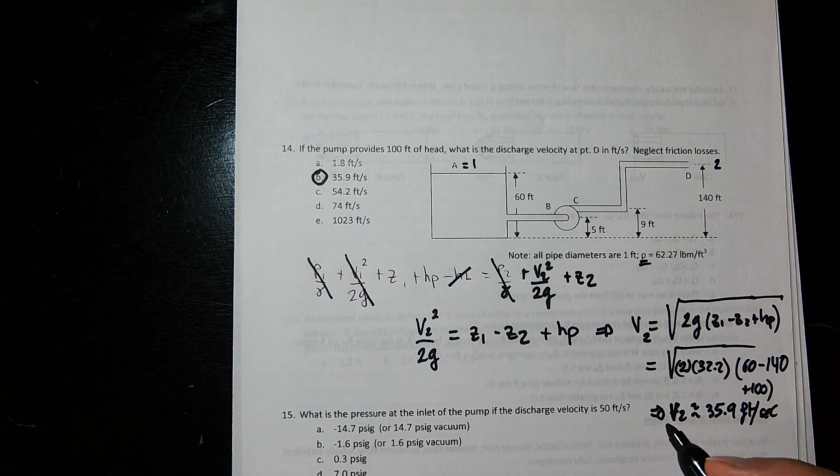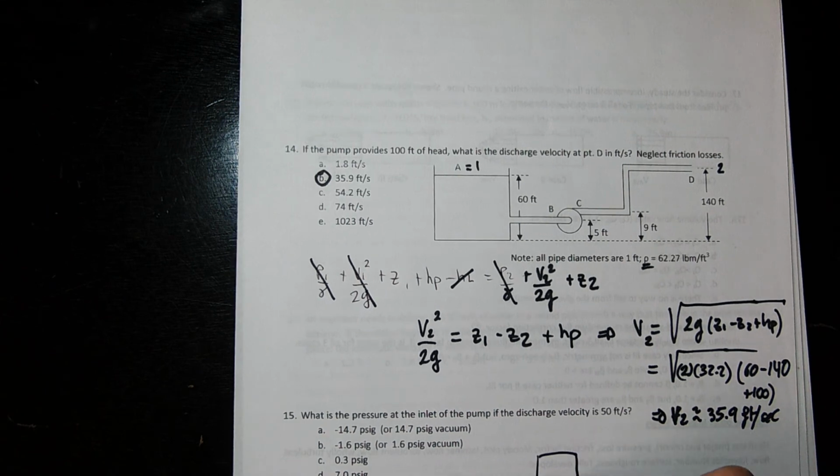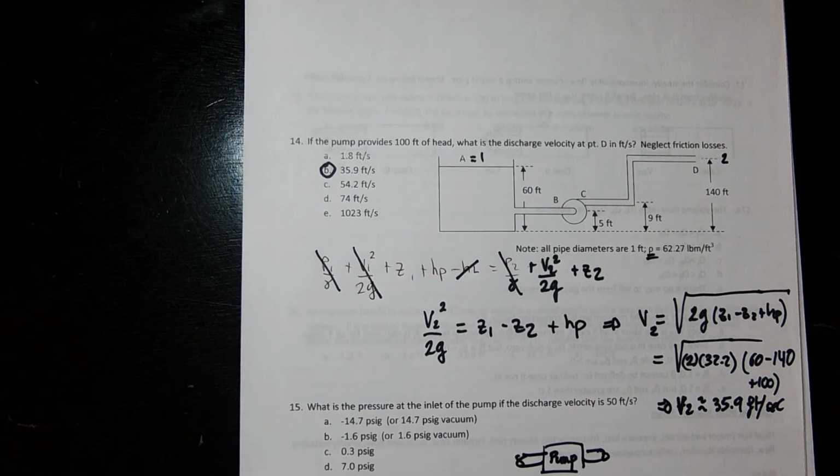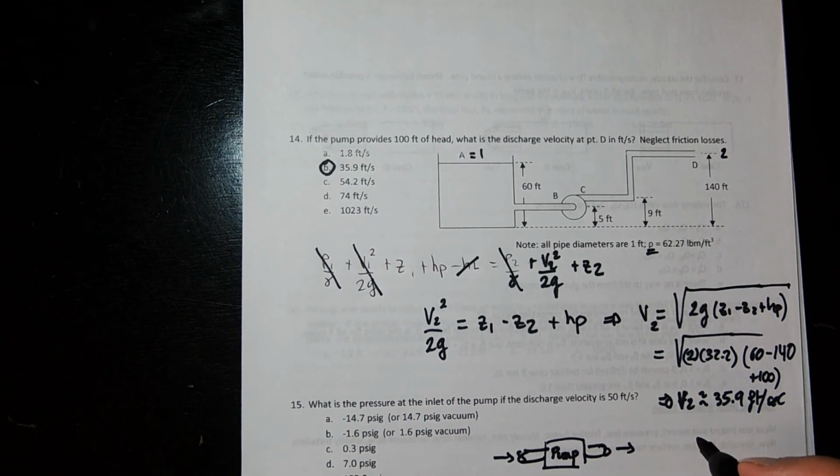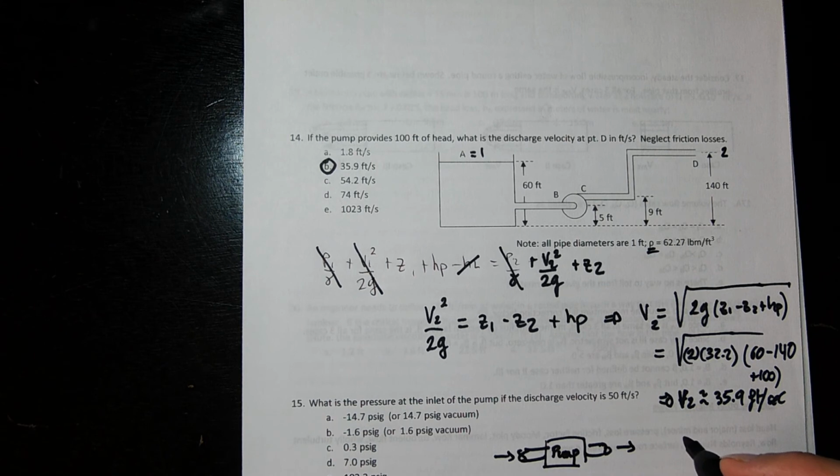So let's say here's a pump, and flow is going in that direction. What is the pressure at the inlet of the pump, if we know this velocity here is 50 feet per second?